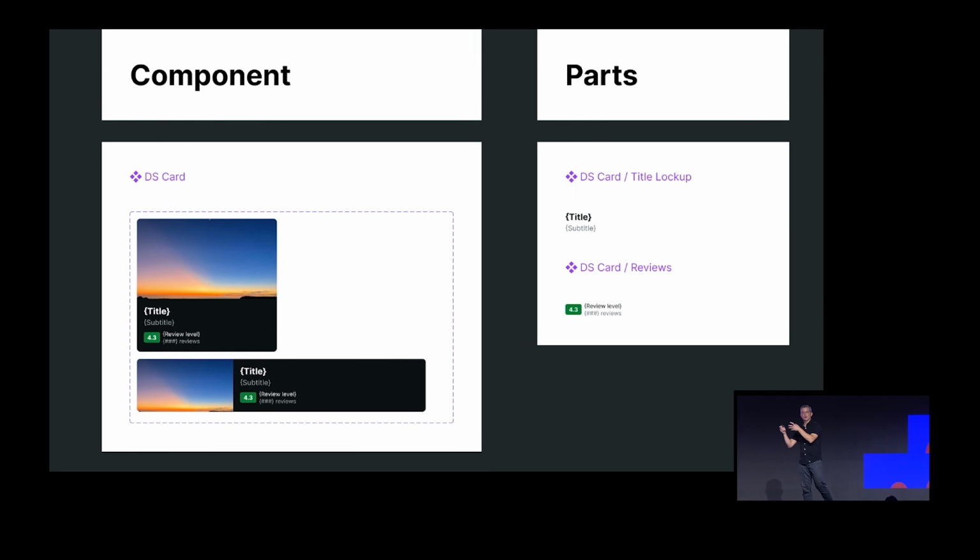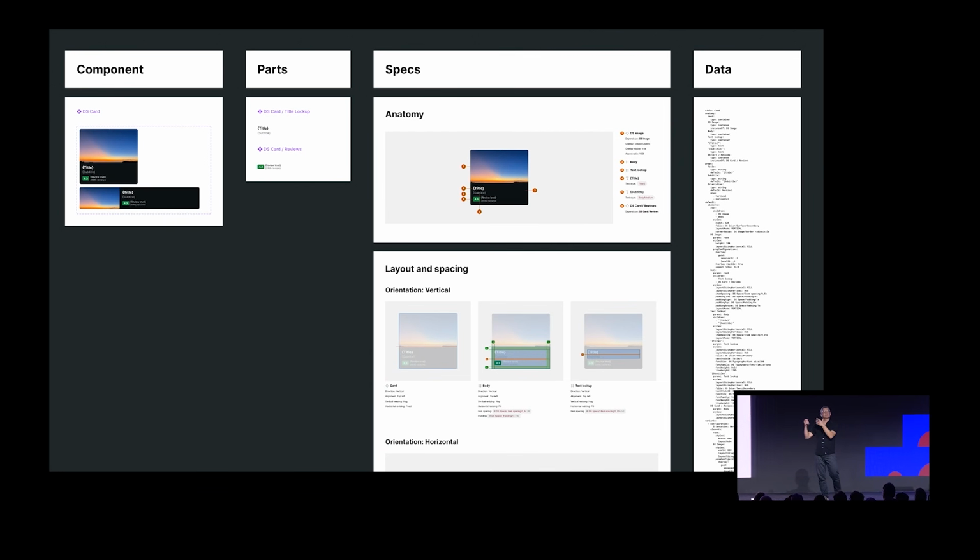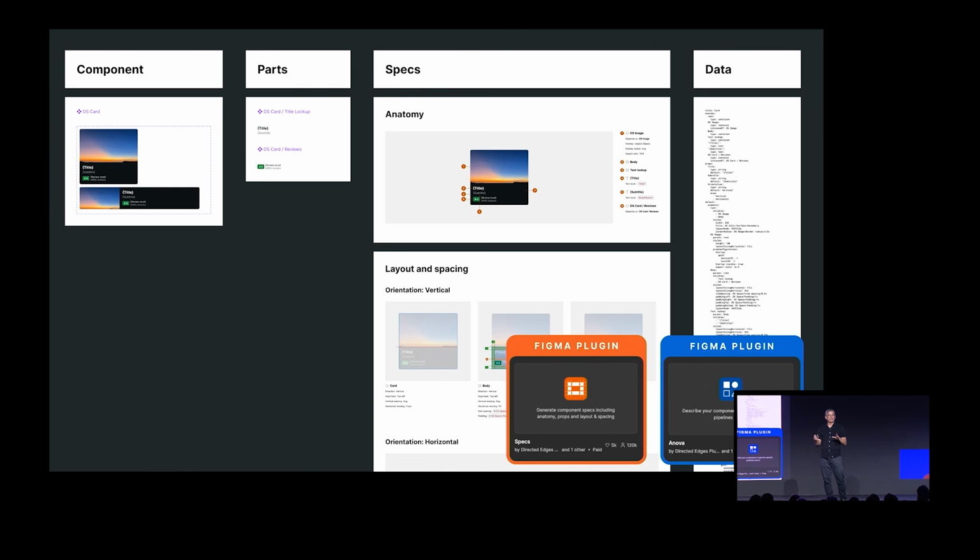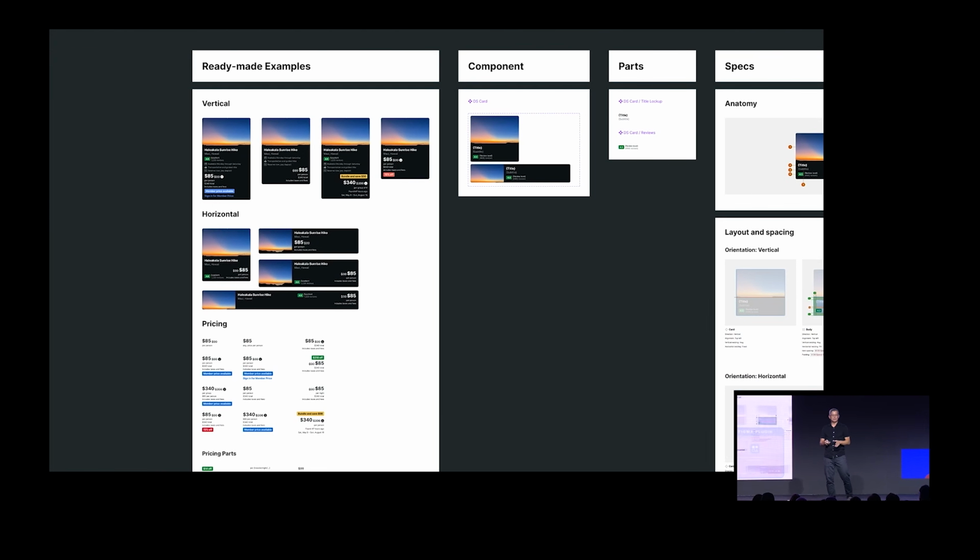Maybe they deliver the component asset and the component parts that go with it. These days, just as a little look into my world, I deliver specs, I deliver the component definition and data, I make plugins that do that kind of stuff to build upon the ecosystem that Figma already provides. But for slots in particular, we're going to have to pay attention to what I call ready-made examples.